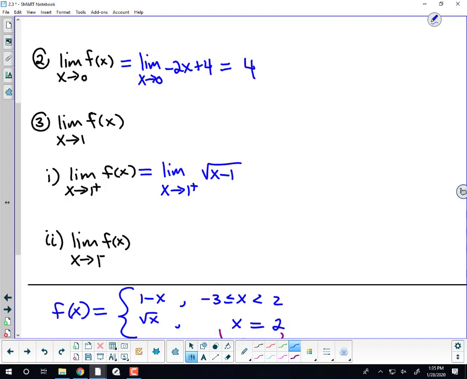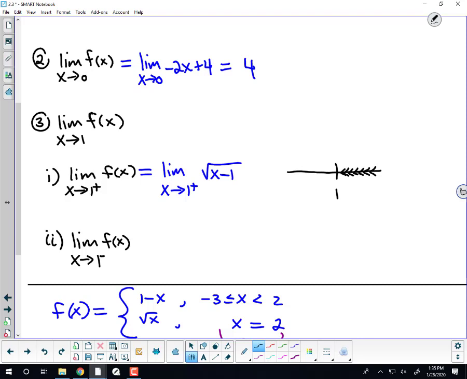So what would that limit be? 0? What do y'all think? As x gets closer and closer to 1 from the right. A lot of times it's helpful to draw these out. If I'm approaching 1 from the right, I'm approaching 1 through these values.